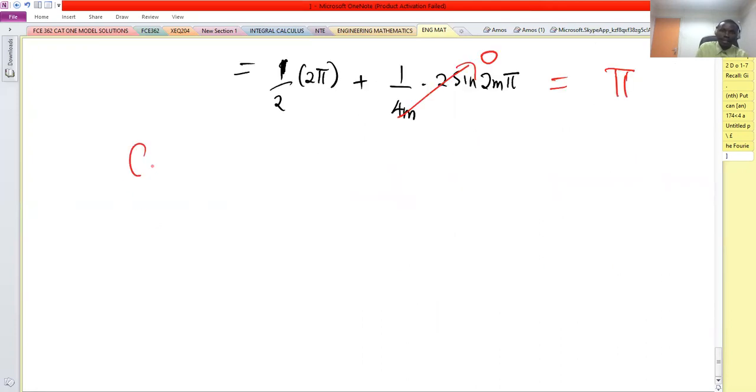And then last case, case 3, is when m is not equal to n.